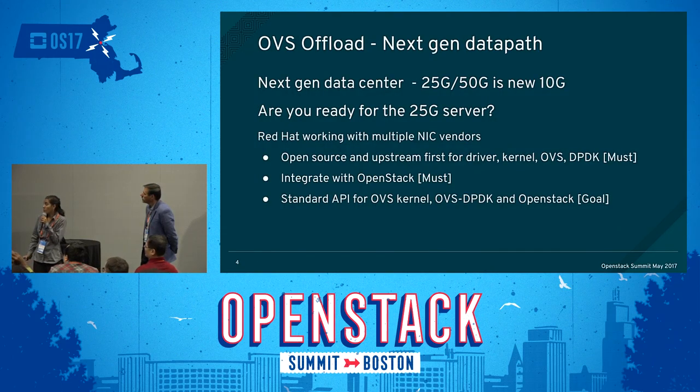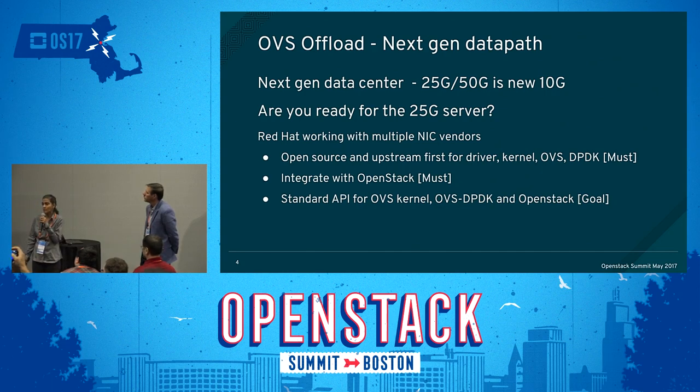If you want to go beyond 10 gig, to 25 gig, and 25 gig and 50 gig is the new 10 gig in the data center, then with 25 gig servers we have to move to OVS Offload as our new next-gen technology. What is Red Hat and what are all our NIC vendors doing?